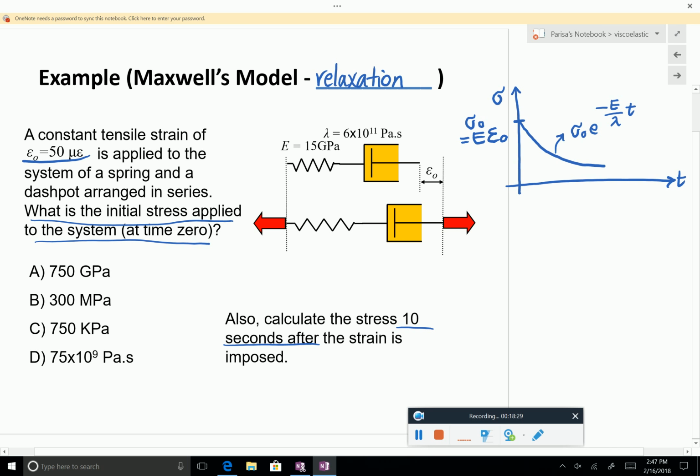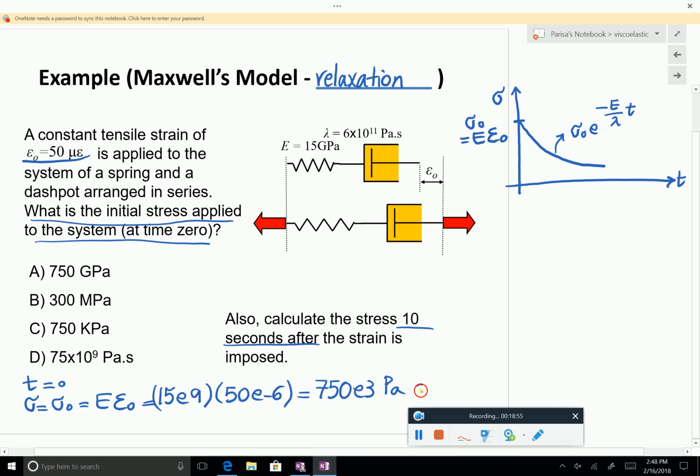And this is what is asked in the beginning. So at t equal to 0, sigma is sigma 0, and it is E epsilon 0. E is 15 E9, and epsilon 0 is 50 E minus 6. So it is 750 E3 Pascal, or better say 750 kilopascal.